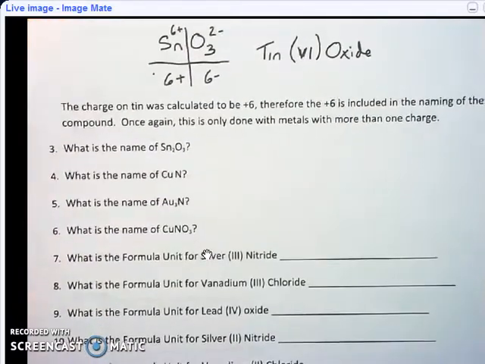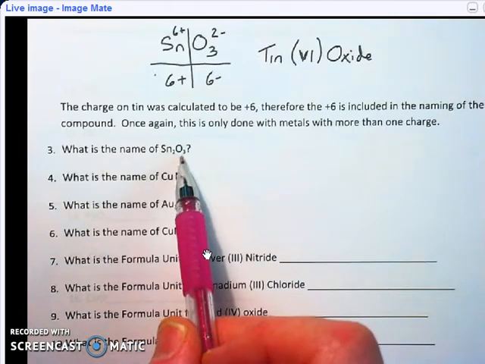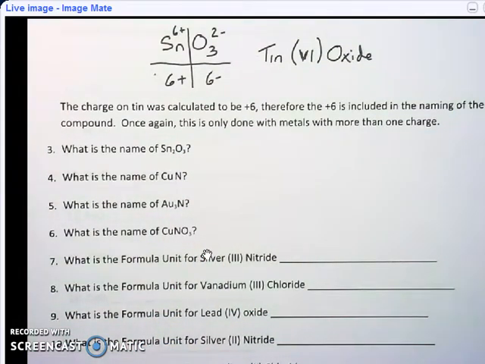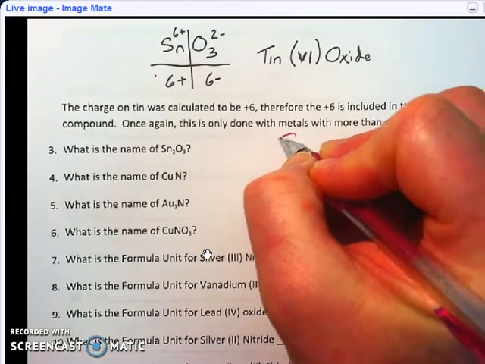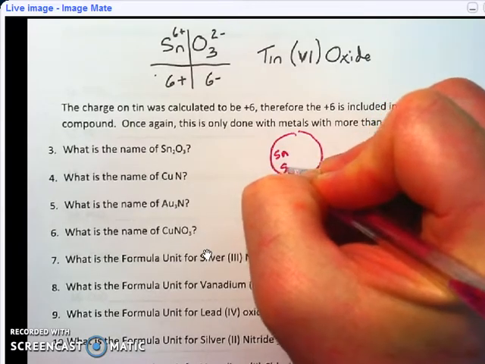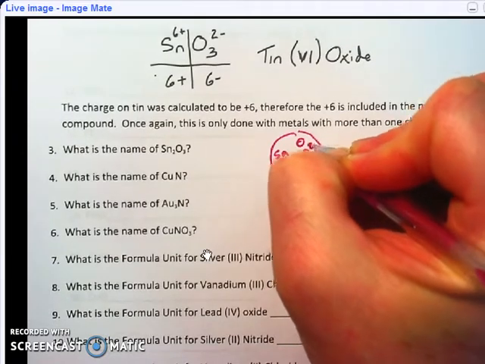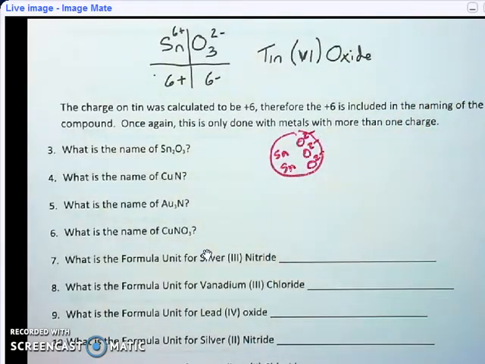Number 3, what is the name of Sn2O3? And I know you probably don't have a lot of room on your paper. Yeah, some of these copied differently, sorry. So, what is the name of Sn2O3? So, what did we just do? We basically threw a bunch of these together. Sn, Sn, O, O, O, -2.